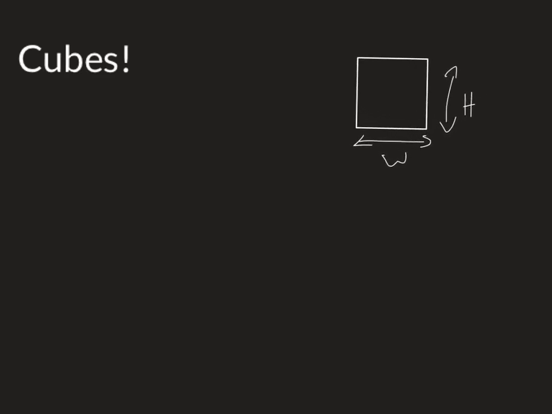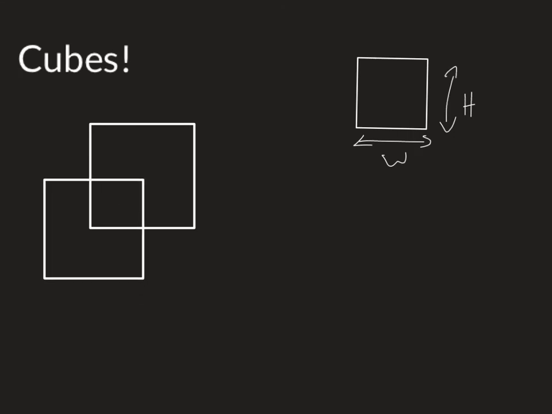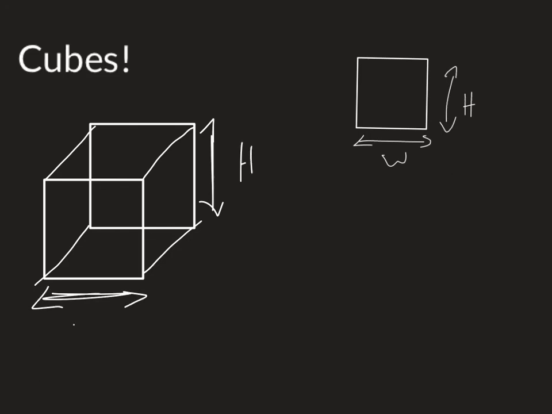Well, I'm going to draw a cube for us first, and then I will go ahead and make an example for you. So this cube has one line going up and down. It has one line going left and right, so it has height and width. But now it has a line going forward to backwards, and that's called depth.